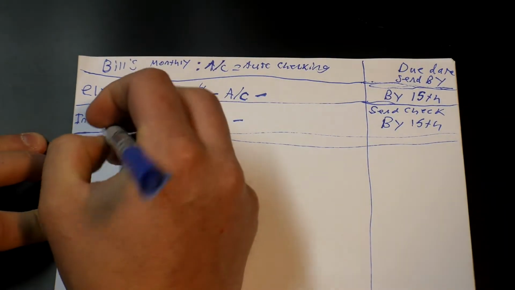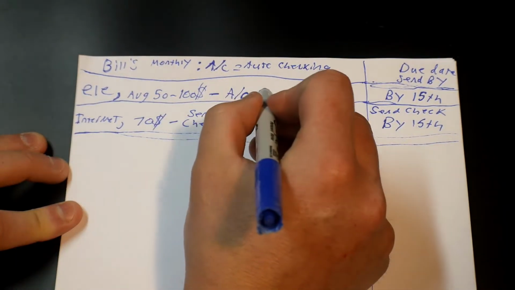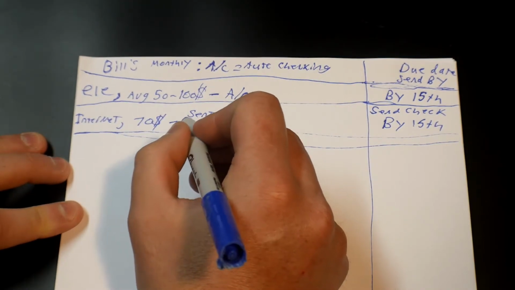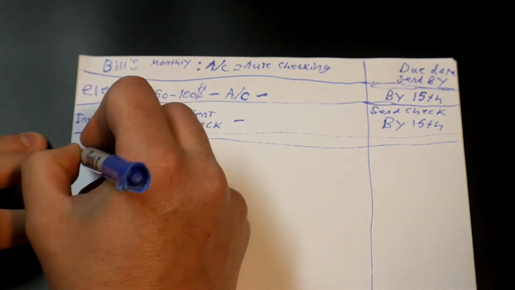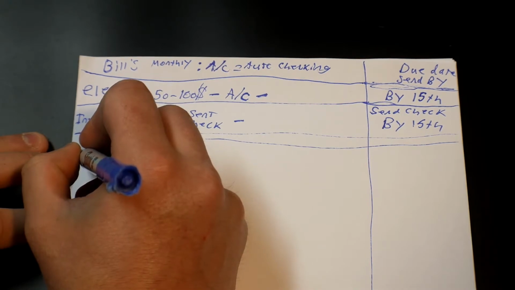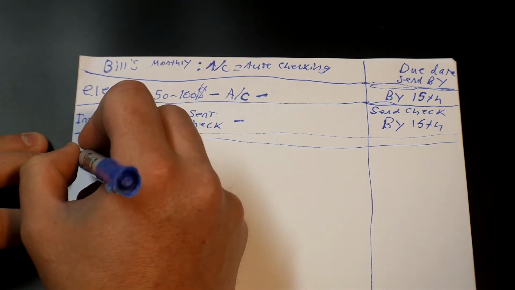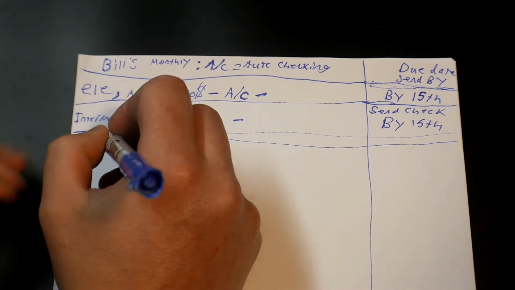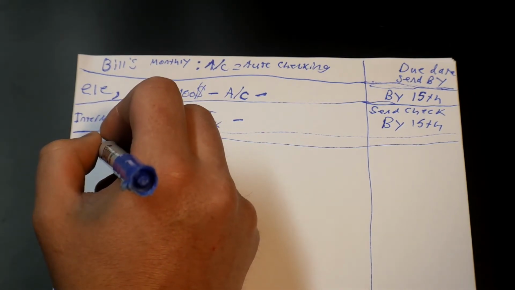Okay, so we did auto checking, where something automatically comes out of your checking. We have manually sending a check. Now let's do something else. What should we put? Let's see. I'm trying to think of some common things.